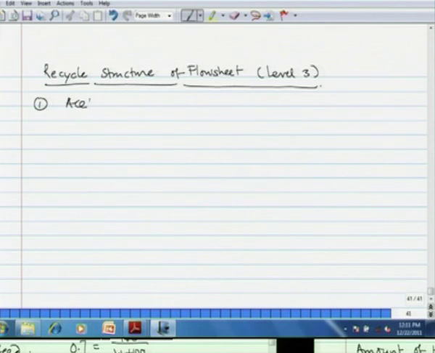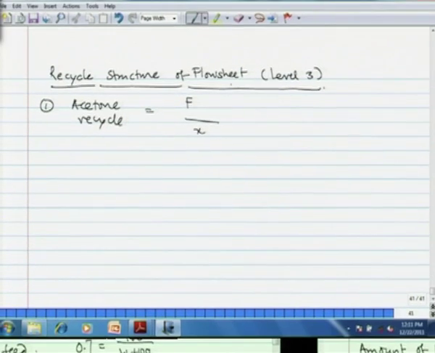Then we first see the acetone recycle. The total feed rate of acetone to this process will be F acetone, the F acetic anhydride by X, and then the unconverted fraction. So 19.06 divided by 0.1 into 0.9.